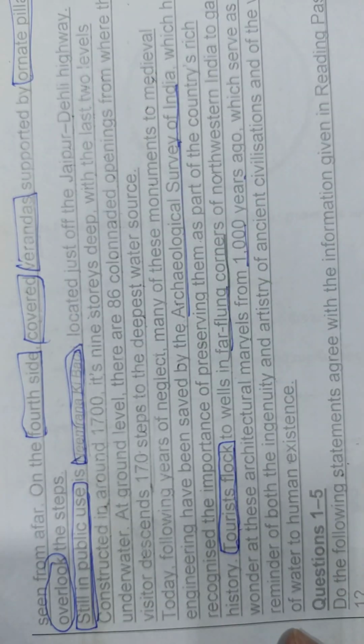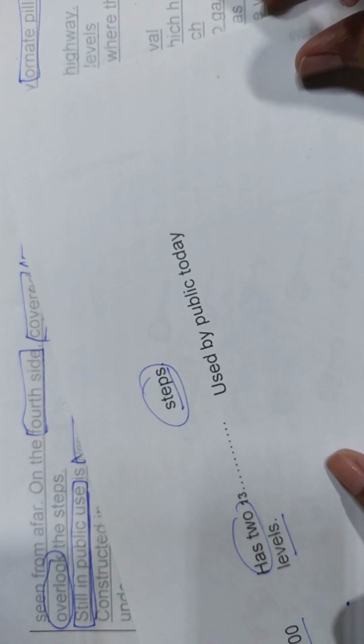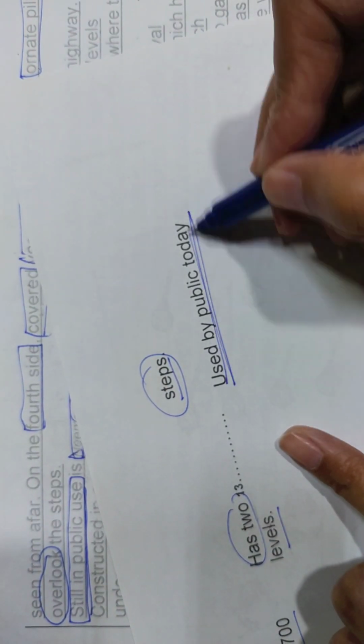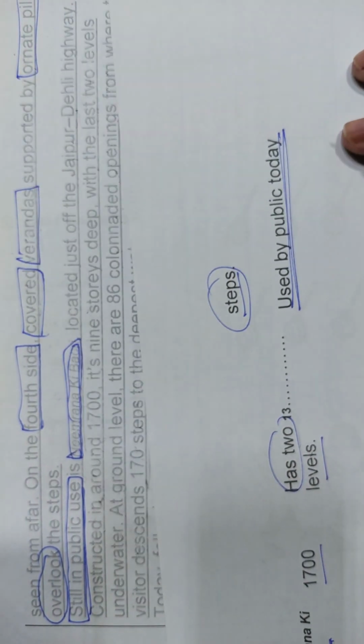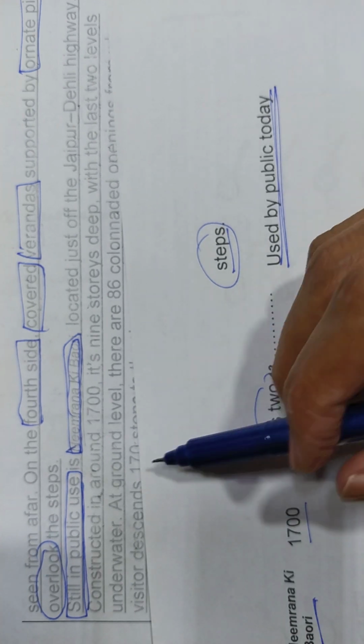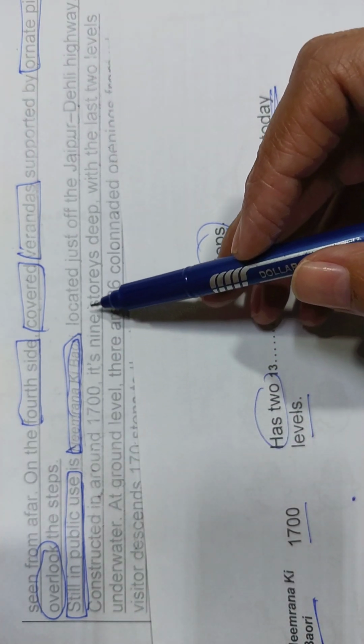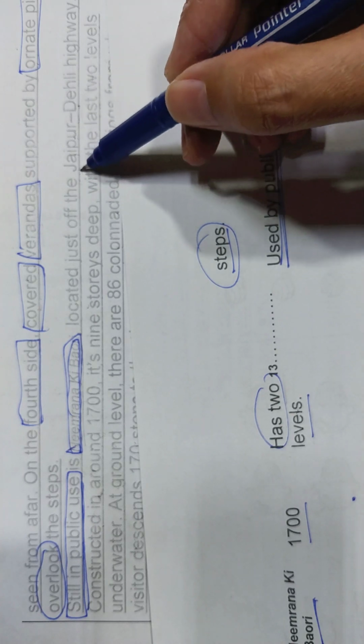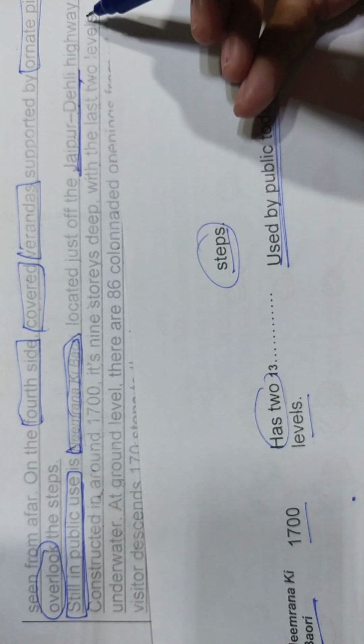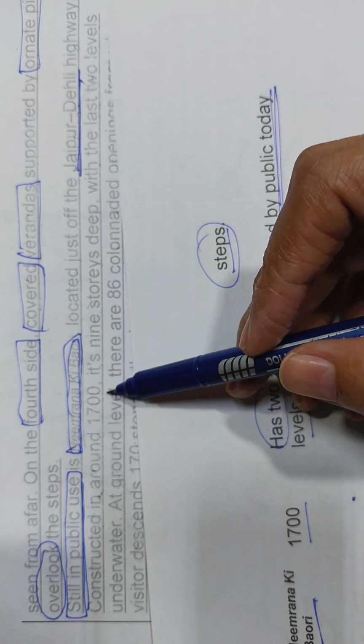From here we will find that they are saying used by the public today. Still in public use, Nimrana ki Bauri, located just off the Jaipur-Delhi highway, constructed in around 1700.